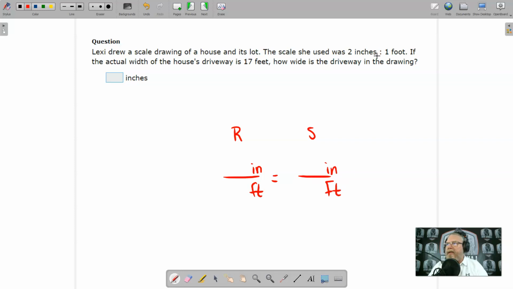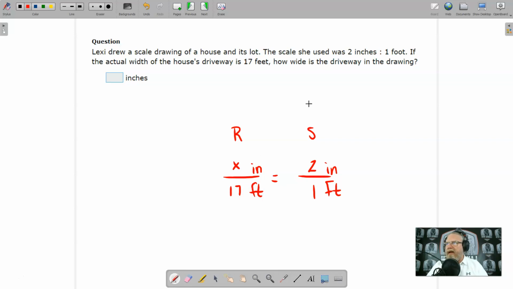They tell us that the scale is 2 inches to 1 foot. And so we're missing something over here in the actual, that's actually real life. Sorry, let's go back. Can I squeeze that circle in there? Outstanding. The scale over here is 2 inches to 1 foot. And they're telling us that if the actual width of the house is 17 feet, so 17 is the number we have here, so we're missing inches here.